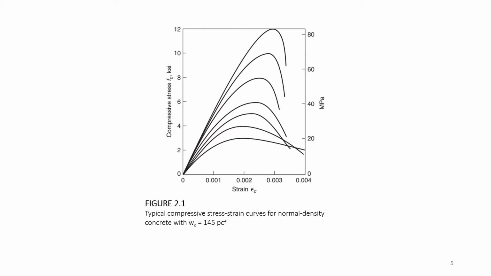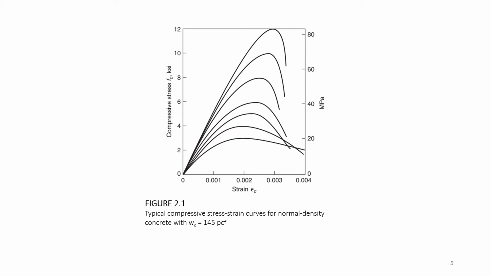You can see the nature of this compression curve, and one thing you should realize is that the strain in the concrete at near failure, that is at the peak of the compressive strength, is 0.003.